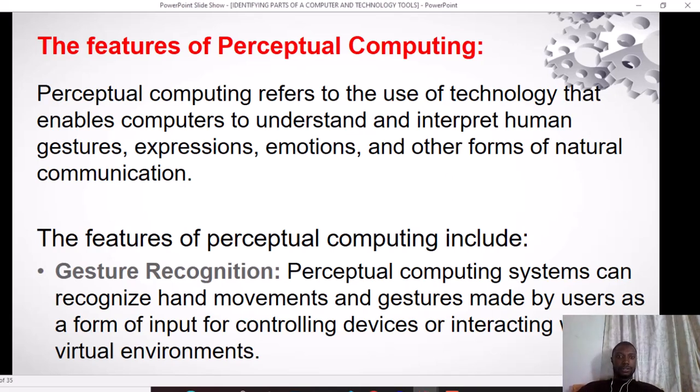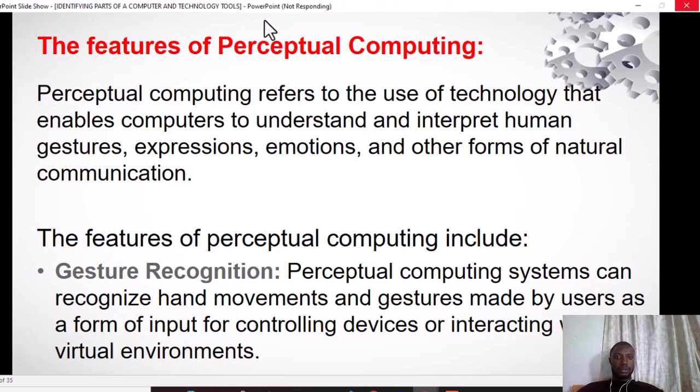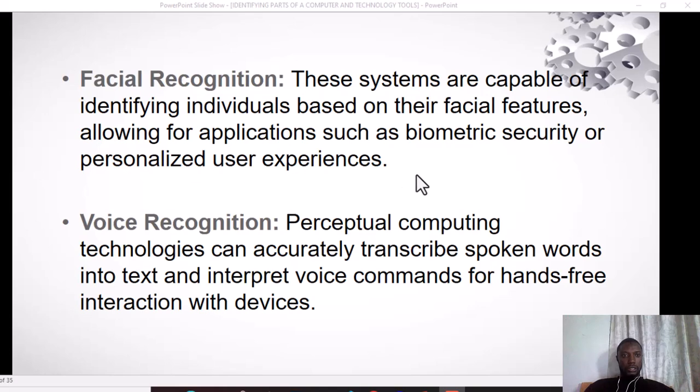Let's take a look at facial recognition, which we all know from modern phones. If you have registered your face with your phone, you can use your face to unlock the phone without typing in the password or PIN.